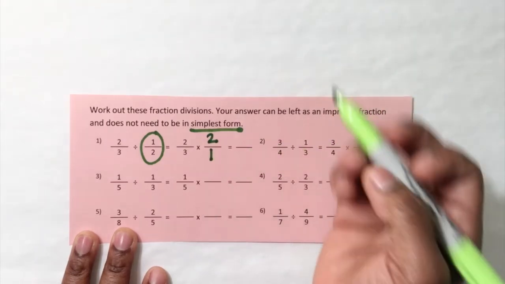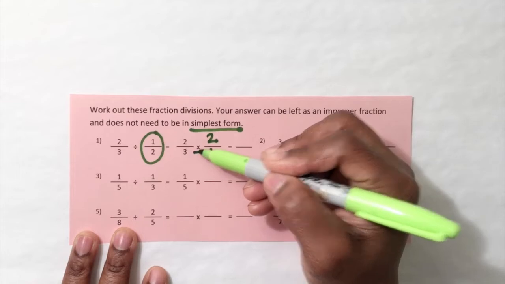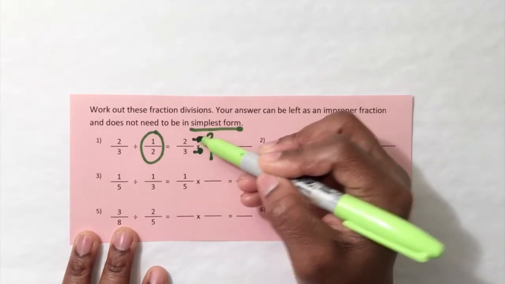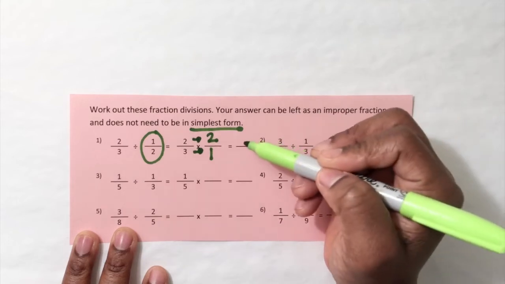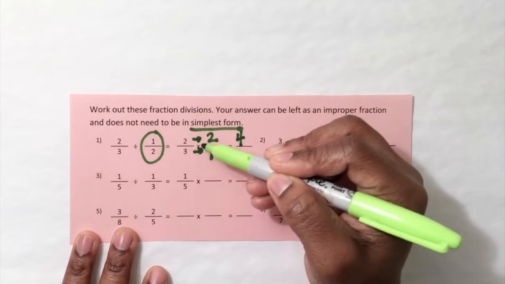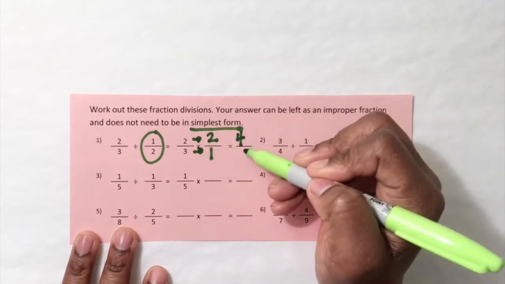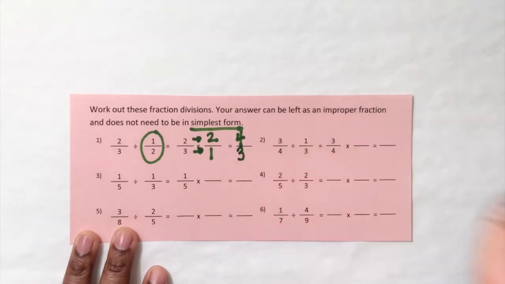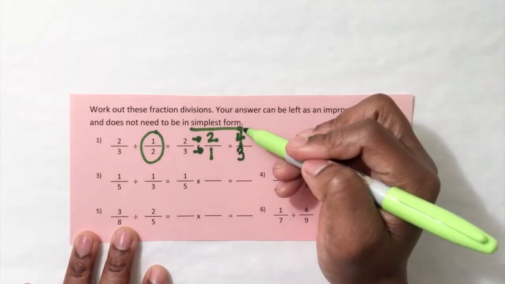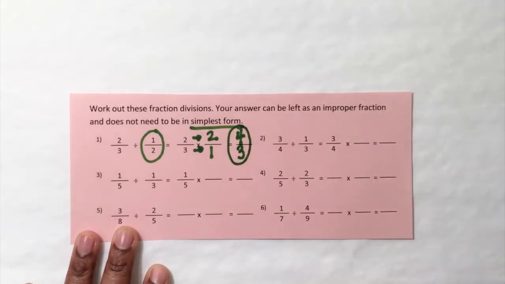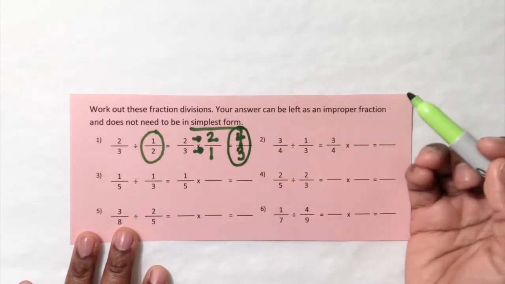So now that we've found the reciprocal, let's apply multiplication. So I'm going to do 2 times 2, which is what? 4. 3 times 1, which is what? 3. So our final answer is 4/3.